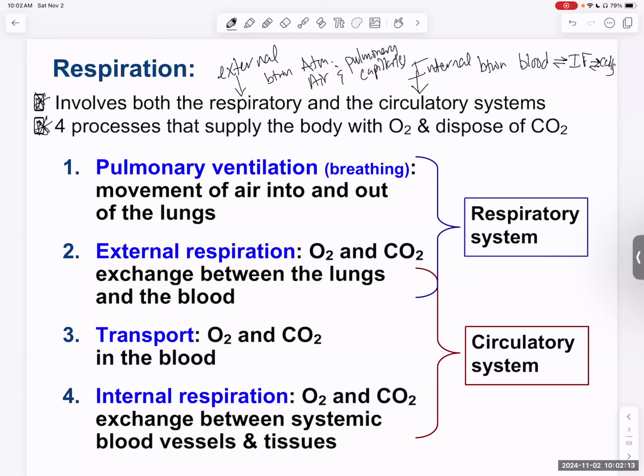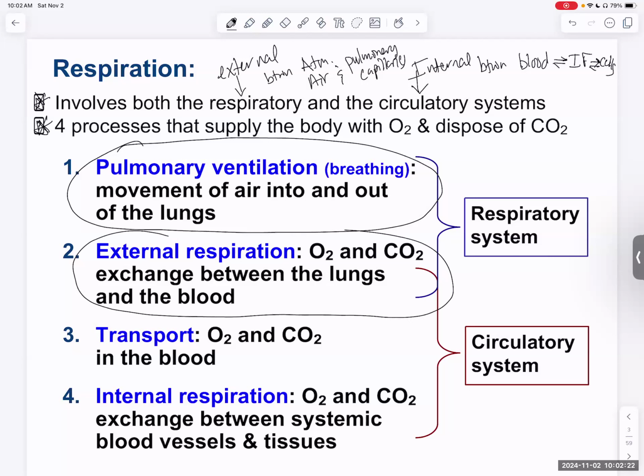So that's internal. If we look down here, this is showing you pulmonary ventilation, moving air into and out of the lungs. So we can have external respiration between the alveoli, where that air was brought from the atmosphere, and the pulmonary capillaries.